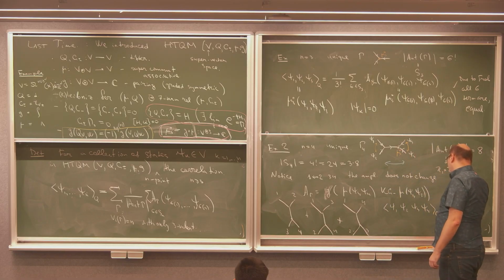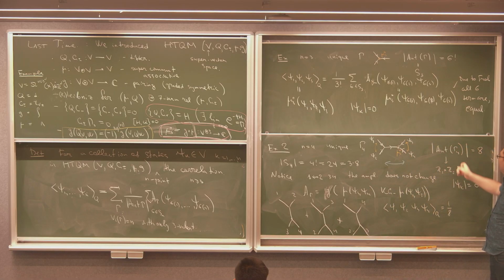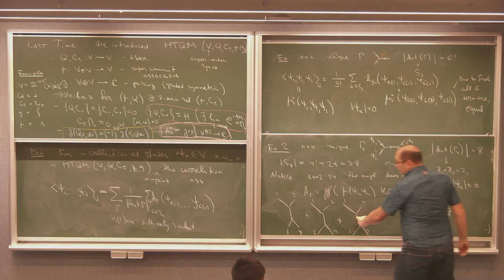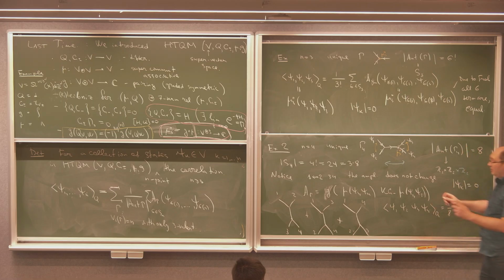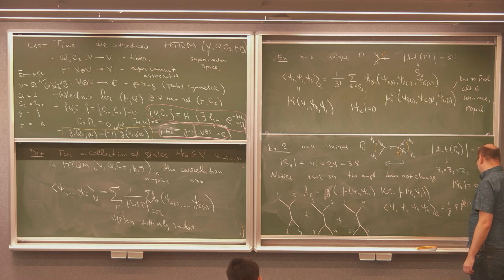we have one factor of 1/8 due to the automorphism group of gamma. But then we will have a factor of 8 because each of these inequivalent assignments of states will contribute exactly 8 times. And here we will have the 3 terms that are drawn on the picture. So A1, A2, and A3.